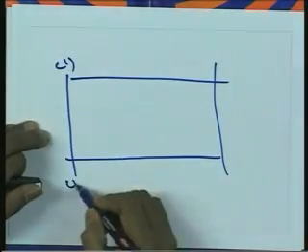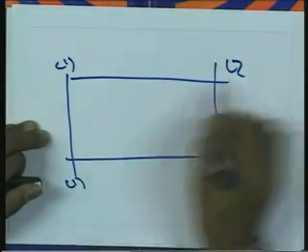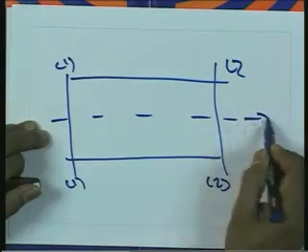Actually this Bernoulli's equation relates the states at two points along a single streamline. If you consider a fluid flow in a channel like this, say we consider two sections here, 1 and 2, and the fluid is flowing in this direction.